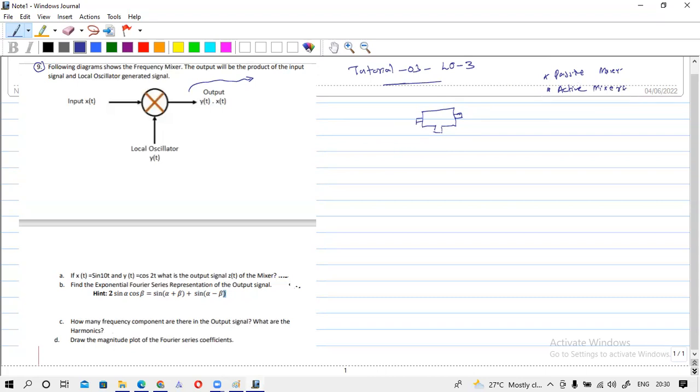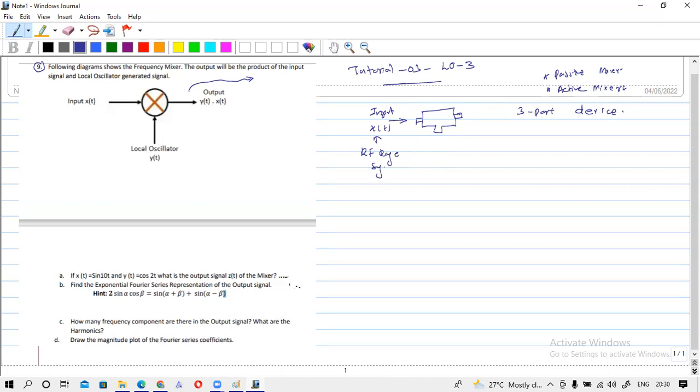Normally it has 3 ports. It is a 3-port device. One is an input, where we normally input an RF range signal.